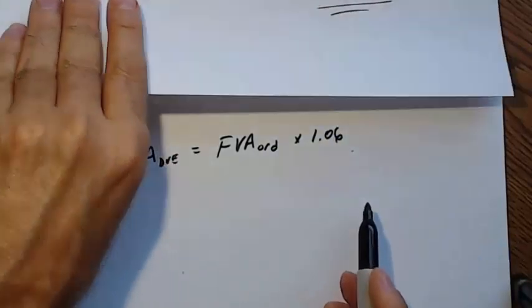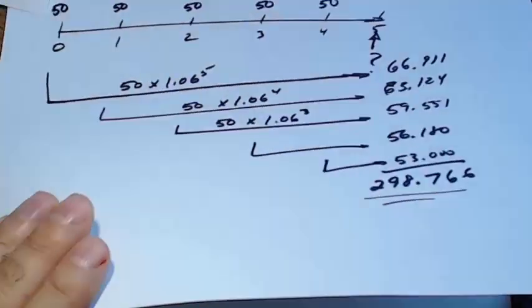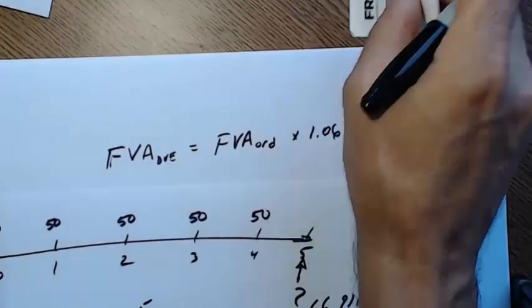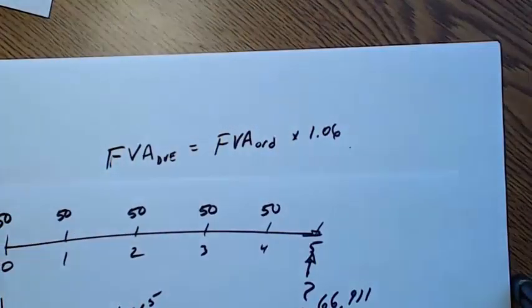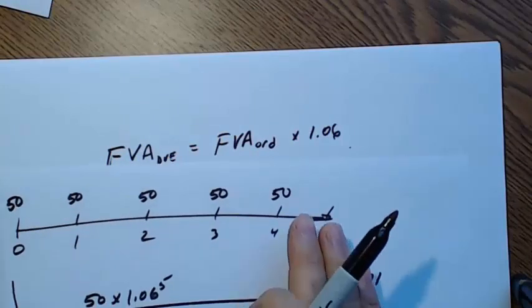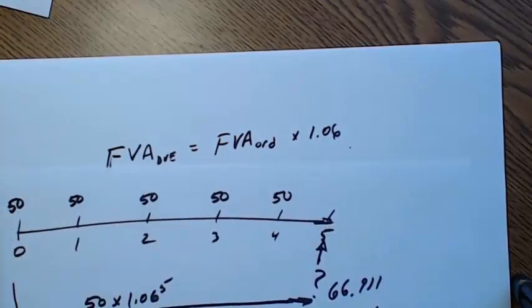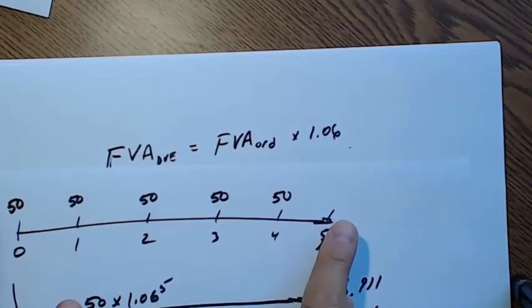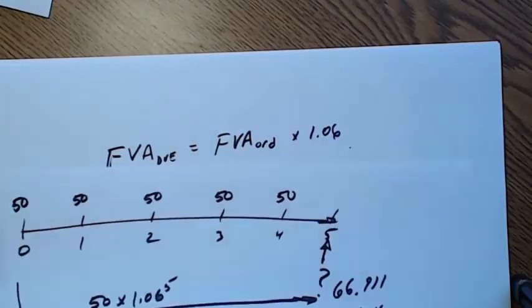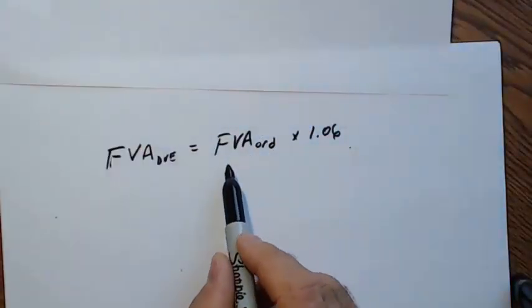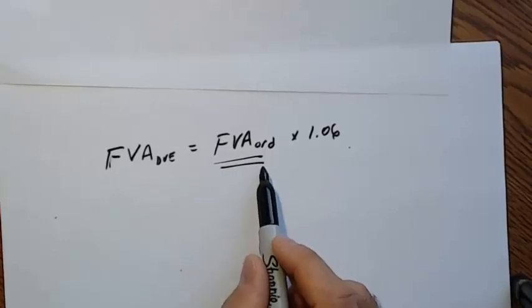In other words, it's as though I am taking the entire annuity here, moving it forward and compounding it one extra period. So it's as though this is the ordinary annuity where the payments are delayed.